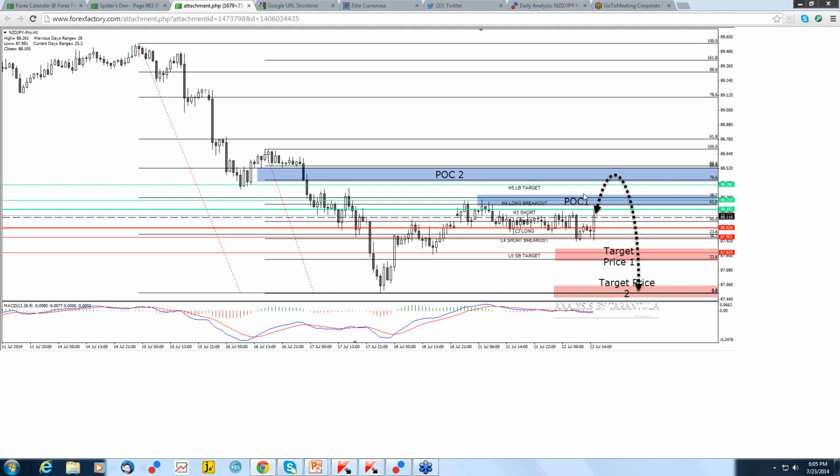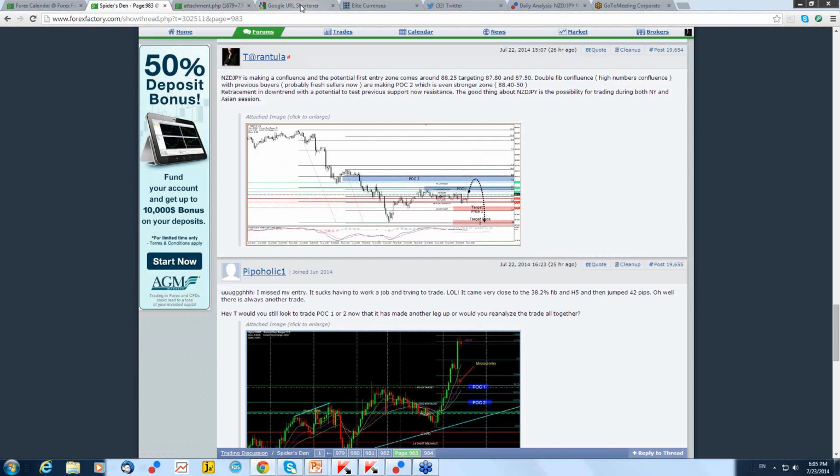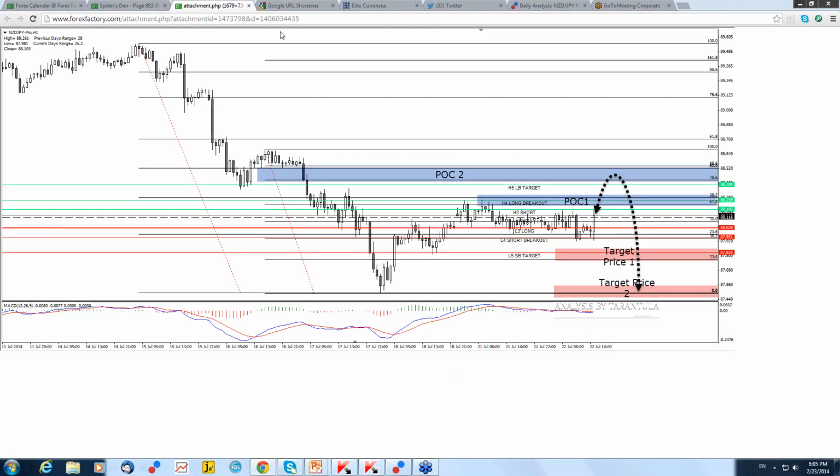So the point of confluence is H3, which I stated in the analysis, 61.8, and 38.2 confluence. Our entry was activated after this candle, and we had potential. But while I was writing the analysis, the price even got in here.